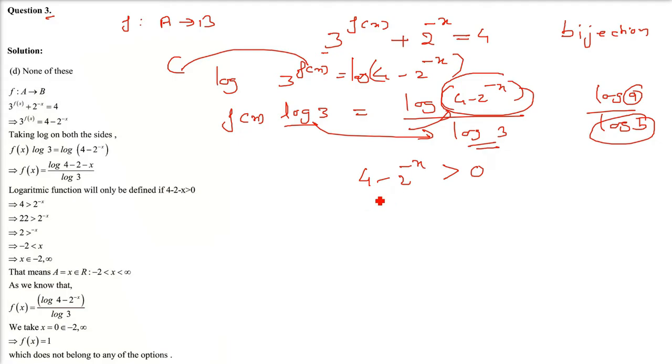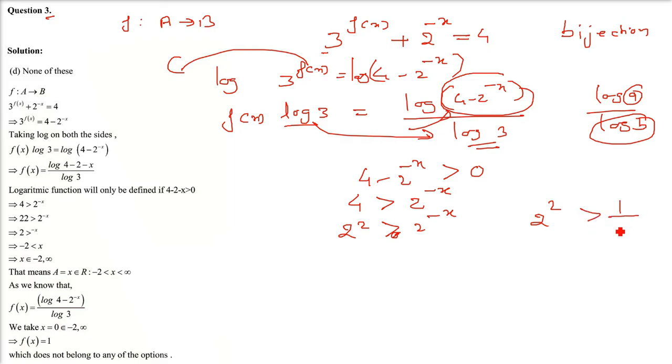So what you will do, 4 is greater than 2 raised minus x. So you can just write 4 as 2 squared. And since the bases are the same, you can easily write 2 should be greater than minus x, comparing the exponents. So when the bases are the same, the exponents can be directly compared with the inequality sign in between them.